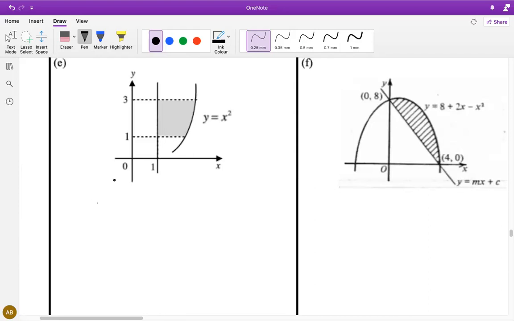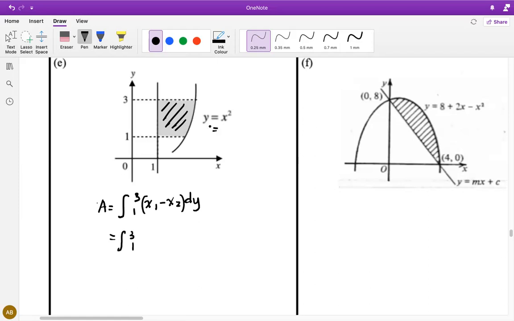Okay, to solve this question, now I want to find this area. So I need to use y, right? So I need to use this formula, from 1 to 3, the integral of x1 minus x2 dy. So what is our x?